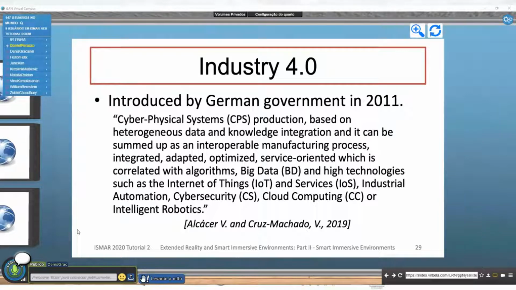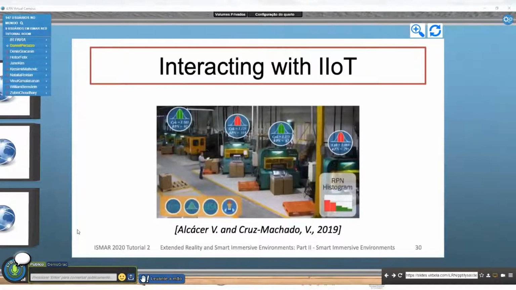But Industry 4.0 we can also look at as the Industrial IoT, because what it means is that each system or device or tool that we have on the factory floor is an IoT device or a collection of IoT devices that generates data. So when we look at that, we can actually get an idea of what is going on.